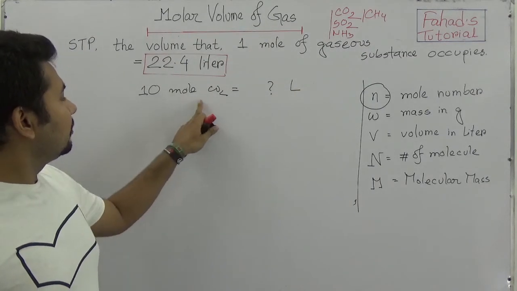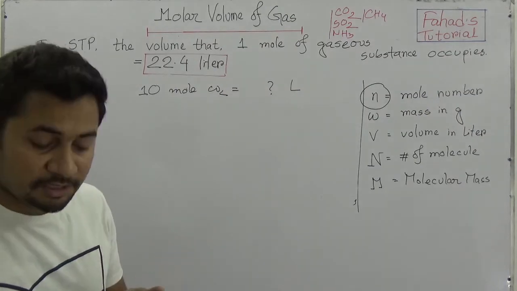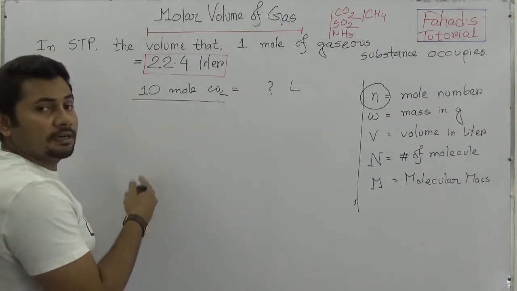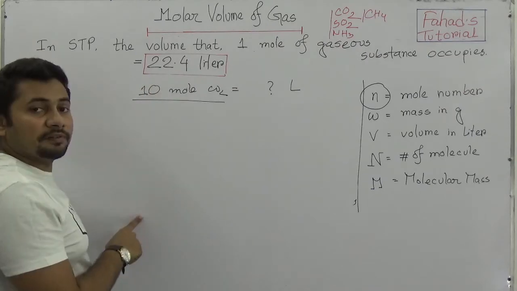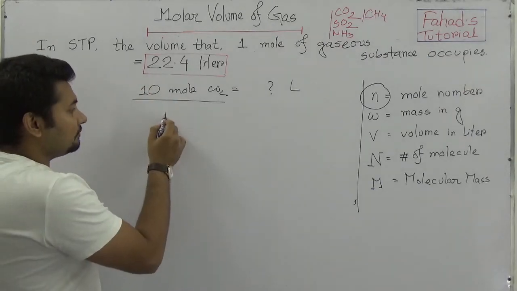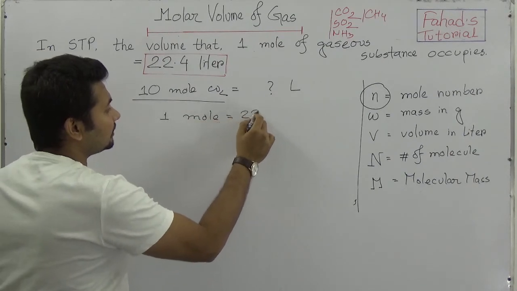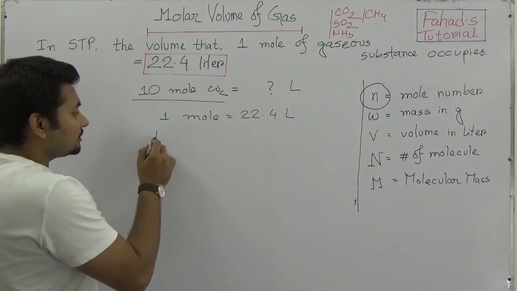So 10 mole carbon dioxide, how many liters will be present there? We know that 1 mole is actually 22.4 liters. So if I say that 1 mole is 22.4 liter, then what about the 10 moles?